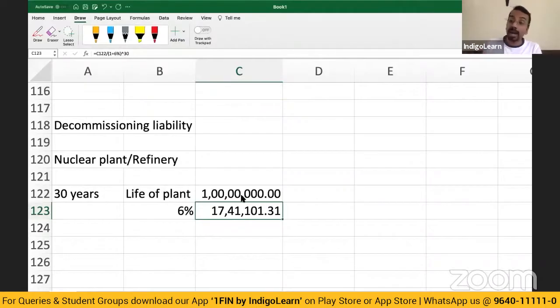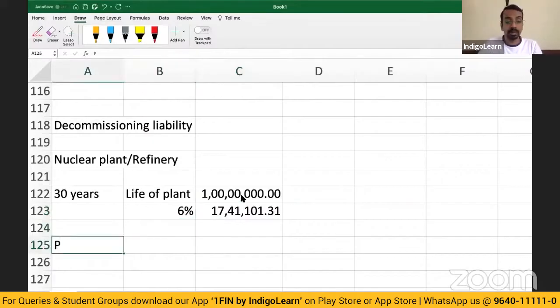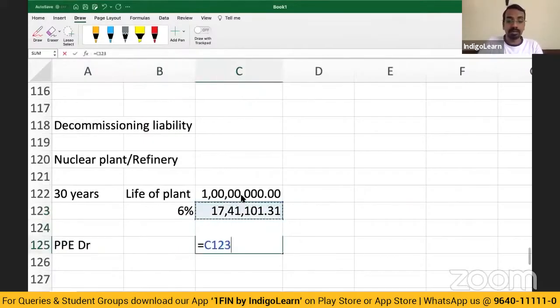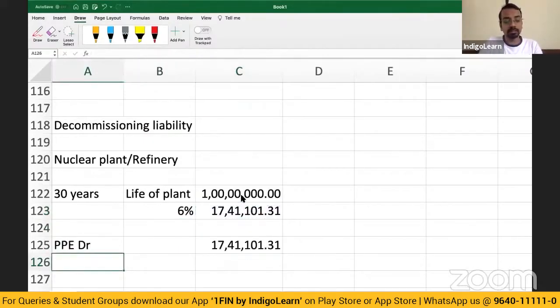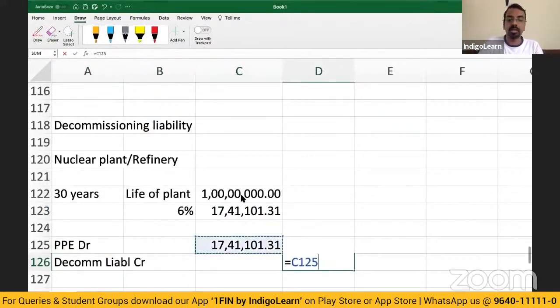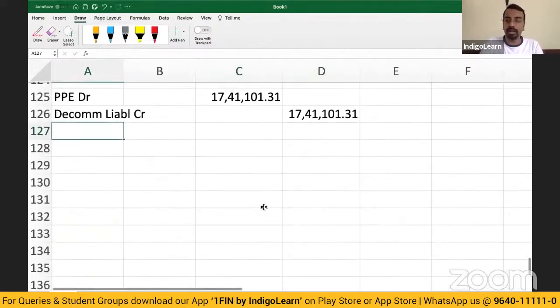Right. Then if I'm adding this to cost of PPE, I should also charge depreciation on this. This is a part of your cost of PPE carrying amount, decommissioning liability. Corresponding credit is a decommissioning liability. So you will say PPE debit 1741 and you will credit decommissioning liability 1741. Every year you will provide interest on this.